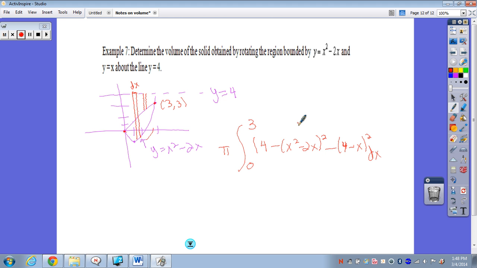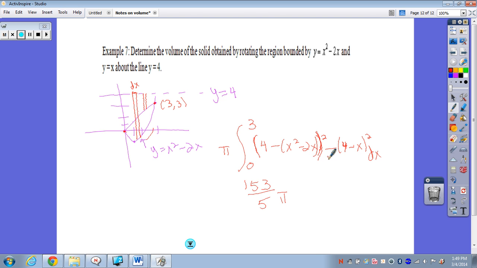And then you're going to put this in your calculator. So after you put this in your calculator, you should get 153 over 5 pi. Make sure that this x squared minus 2x is in parentheses, and then the squared is around both the 4 minus that whole quantity.